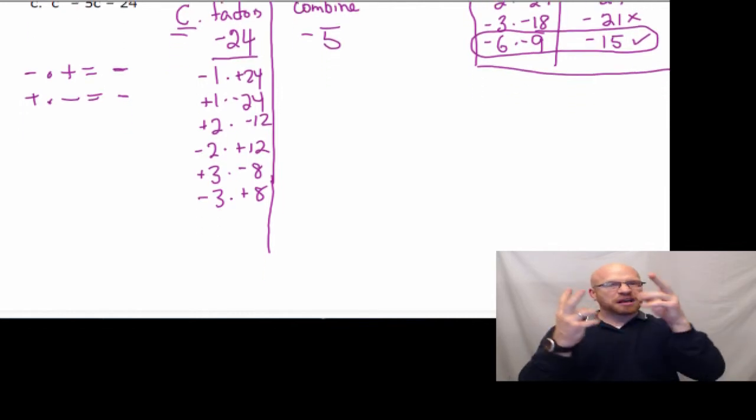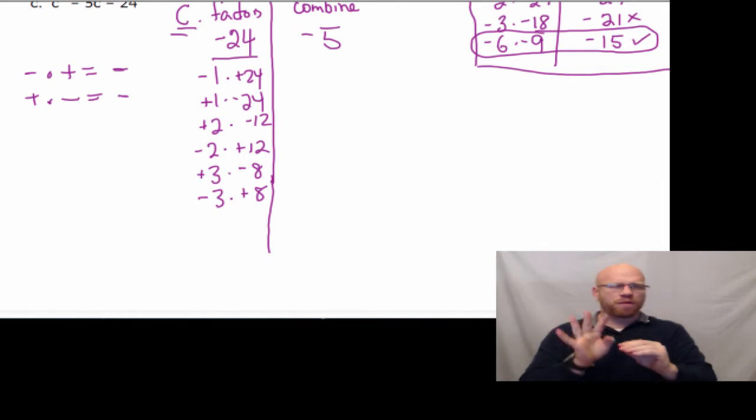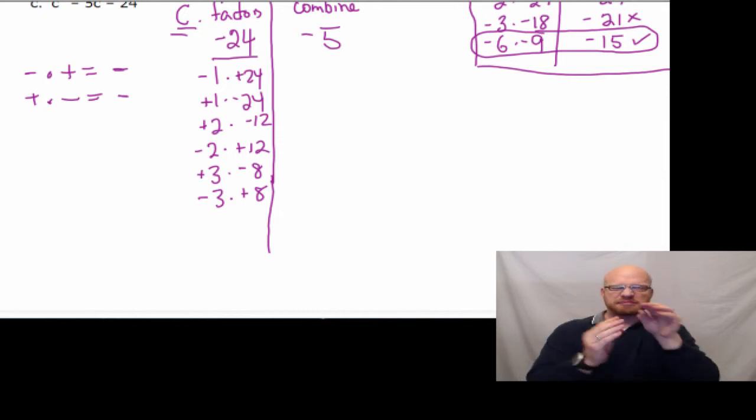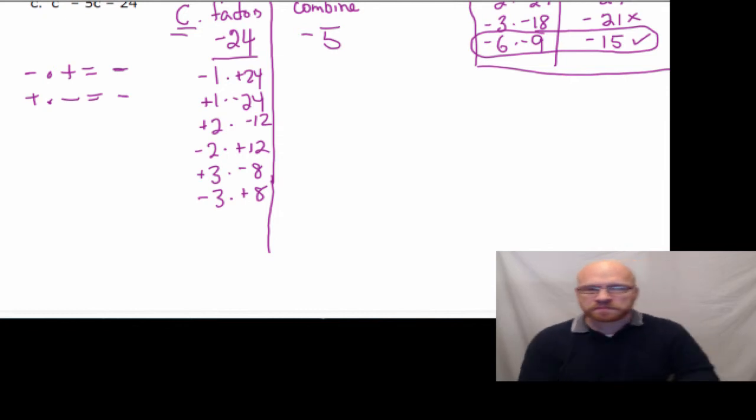Now, 24 has quite a few factored pairs. I think 4 and 6 will work. And 5 and 5 will not work. So 4 and 6 are our last pair. We'll try either negative 4 times positive 6, or a positive 4 times negative 6.